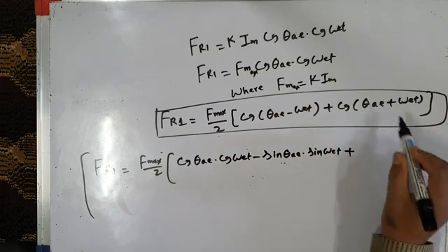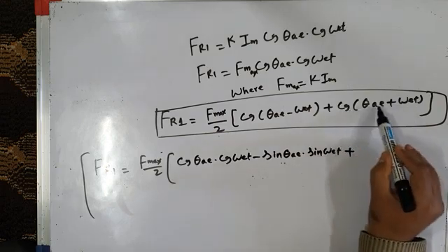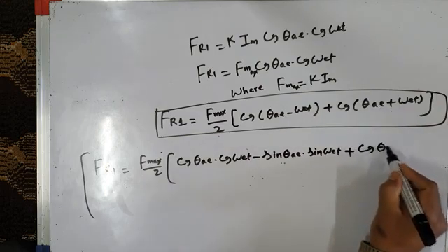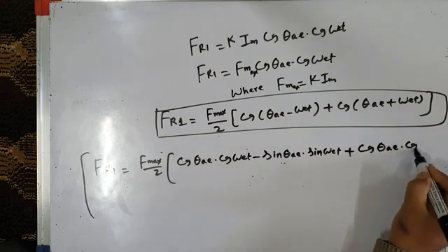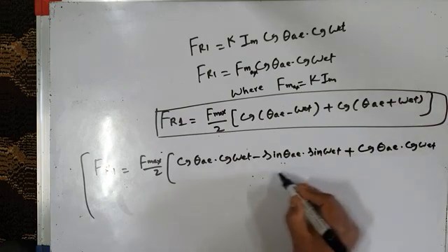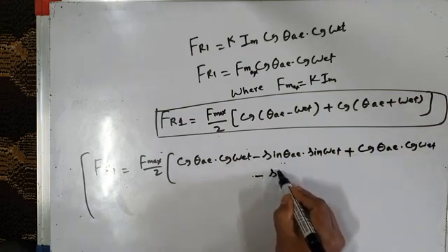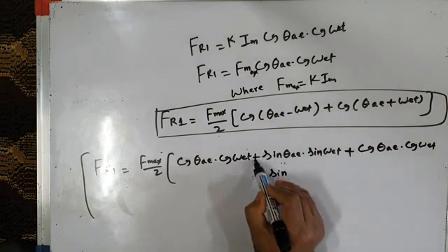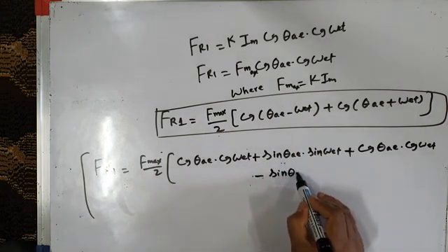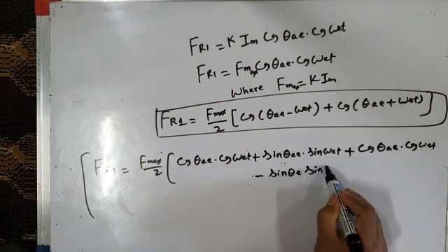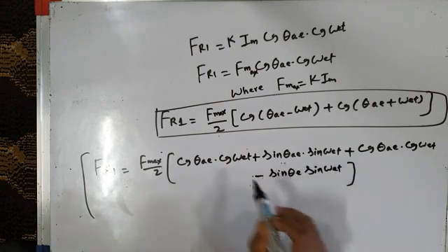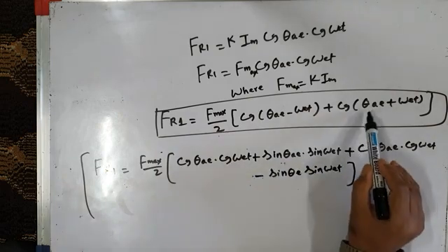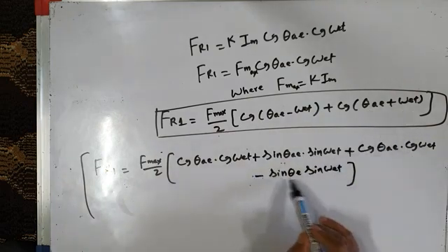Similarly, the identity cos of A plus B is cos A cos B minus sin A sin B. I'll repeat: cos of A minus B is cos A cos B plus sin A sin B, and cos of A plus B is cos A cos B minus sin A sin B.